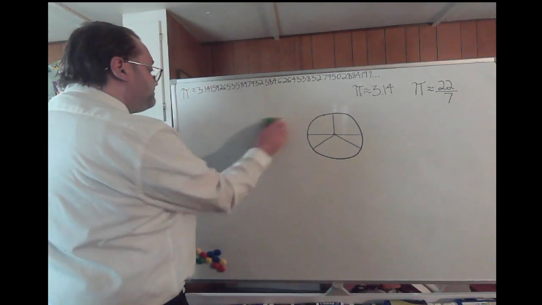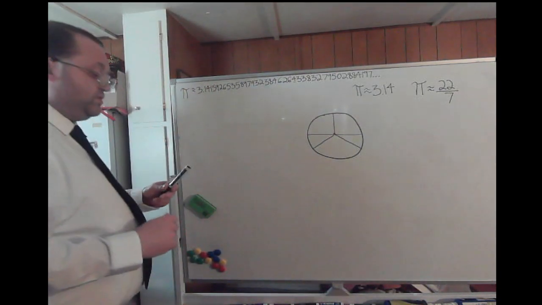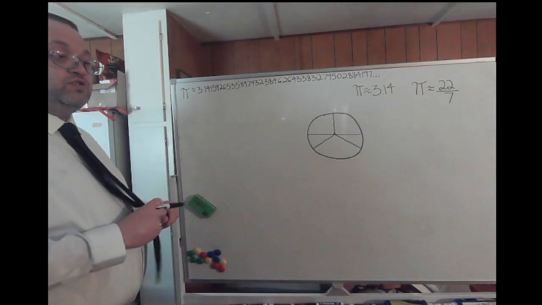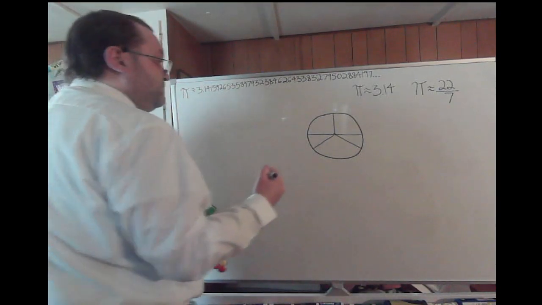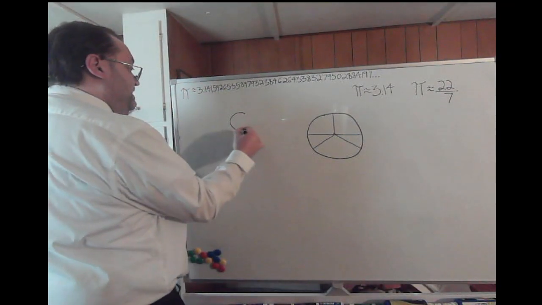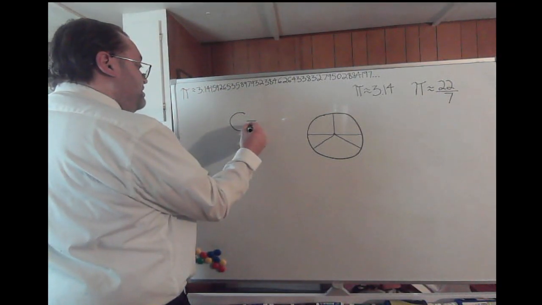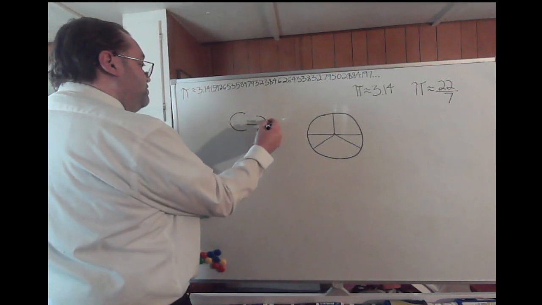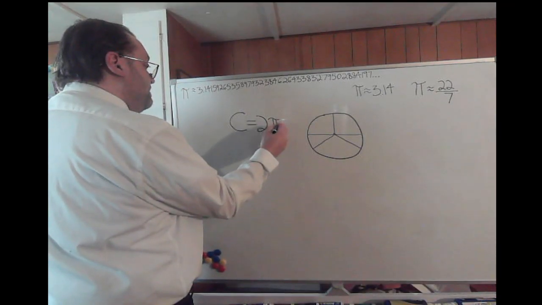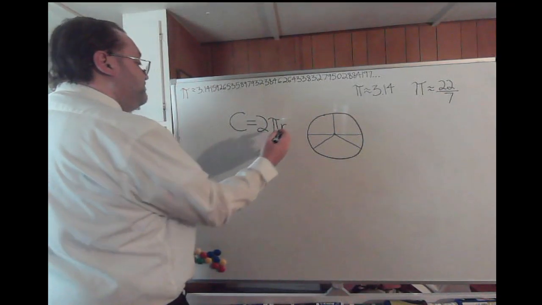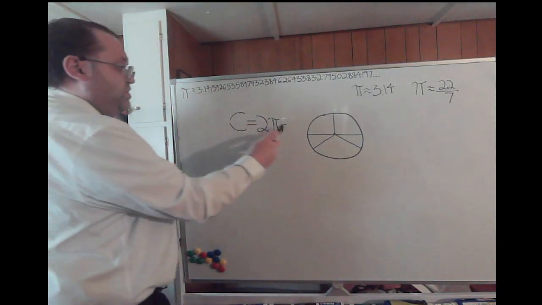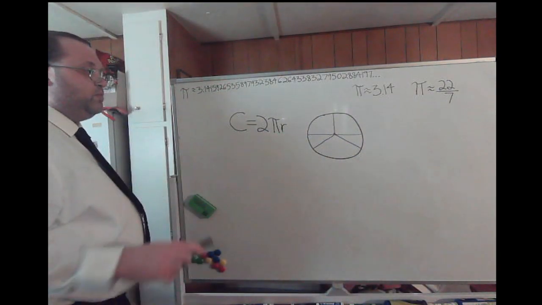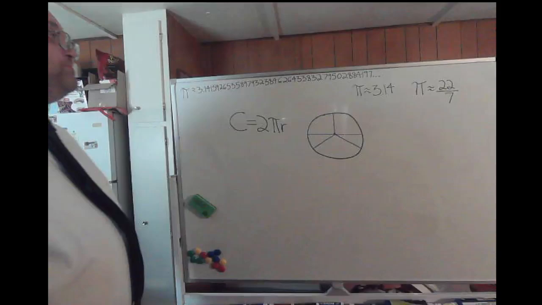Now, we're going to talk about first finding the circumference of a circle, which is the perimeter of it. To find the circumference of a circle, which is capital C, you're going to take the formula 2 pi r. Well, we got 2, we got r, which is the radius, but what the heck is pi?